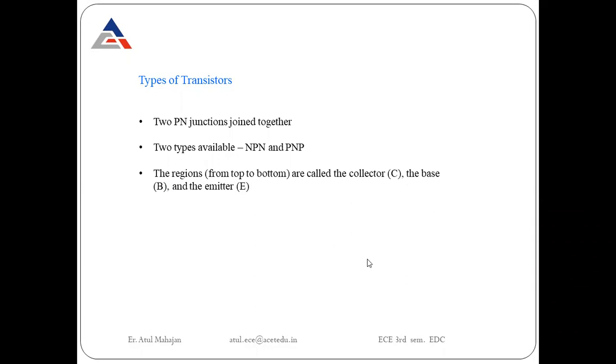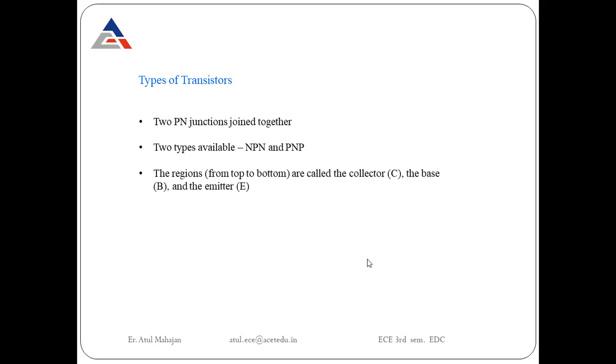The emitter junction is always associated with the flow of current. The highest concentration of charged particles is inside the emitter junction. Then we have the base. The base is associated with the transference of the charged particles from the emitter towards the collector side.